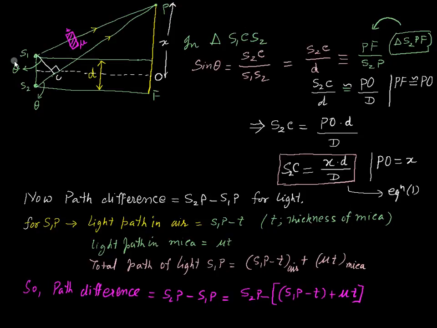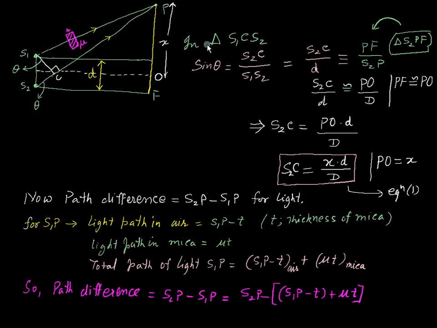Here is the source S1, the source S2, angle theta, the perpendicular S1C, the mica sheet of thickness T and refractive index mu, and the distance between the two sources. O is the origin, the central point of the fringes without the mica sheet. This distance is x with respect to this origin O.